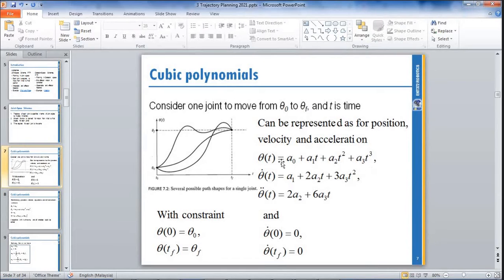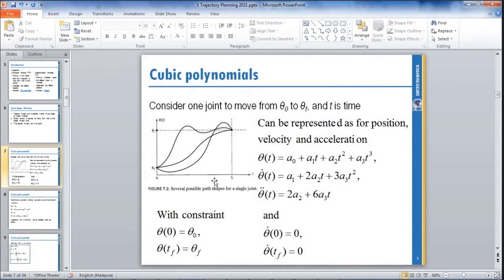From these equations, you will get some values based on the conditions given. For example, at time 0, this is position, this is theta 0, and this is theta final. That means this is the angle of your robotic arm. This is time 0, and this is time final.